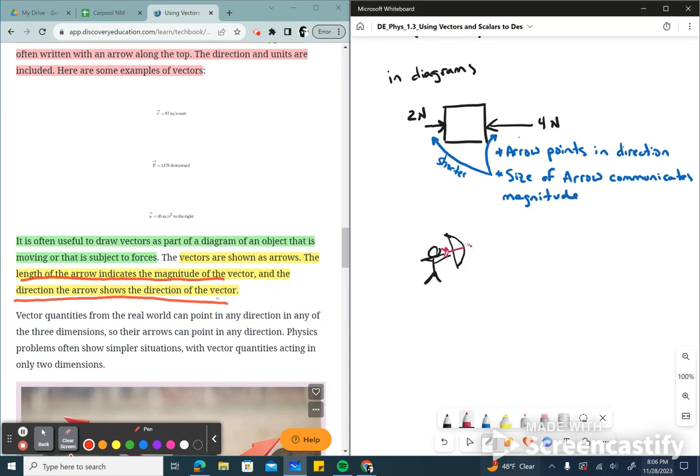And they shoot the arrow, and if you were to draw lines, you may say that the arrow is displaced so far on the x-axis and so far on the y-axis.